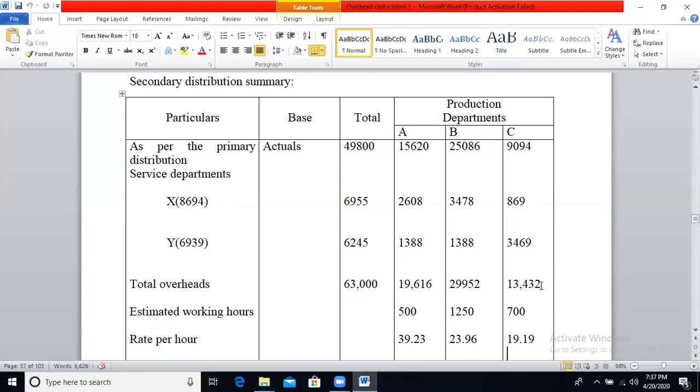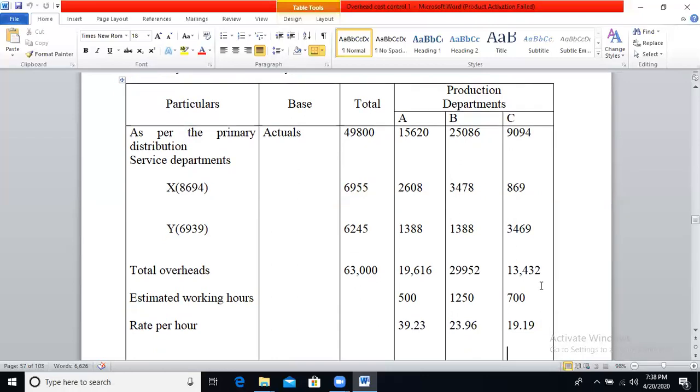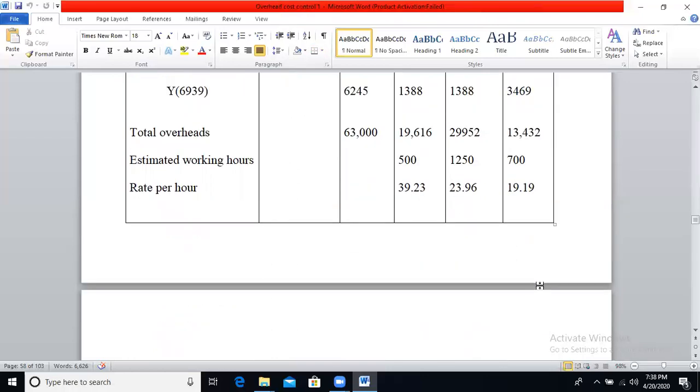If in the problem they have asked to calculate the overhead rate per hour, how do you calculate it? Take the total value of overheads divided by estimated working hours. The estimated working hours for department A are 500, for department B 1,250, and for department C 700.